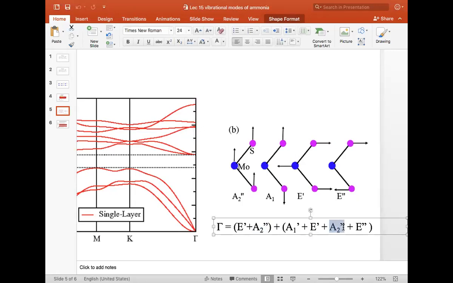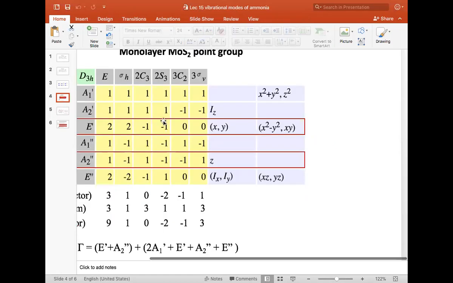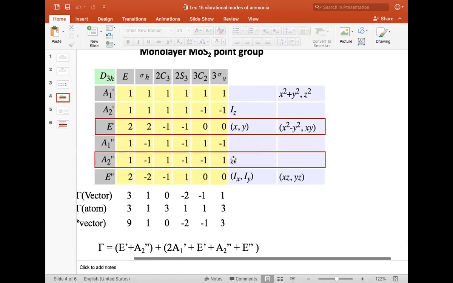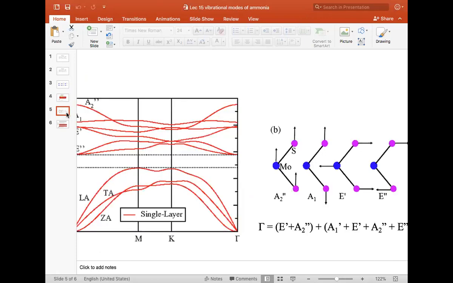They have the same symmetry, but a different vector displacement. And if you check the character table, this one is Z. So basically it implies that all the atoms are moving in the Z direction. Otherwise, I think it's quite difficult for them to transform like Z if they don't move in the Z direction.